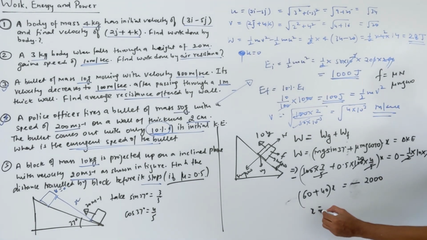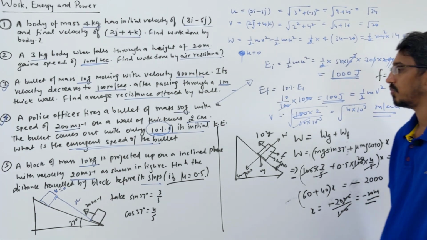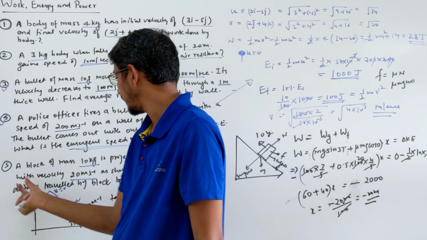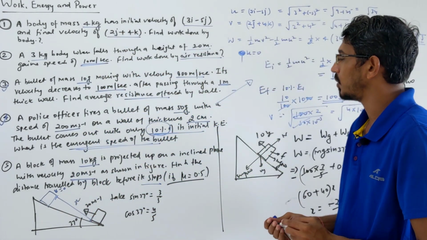So x is minus 2000 by 100, two zeros gone, so minus 20 meter. So this block will move this distance before it stops. Okay, yes.